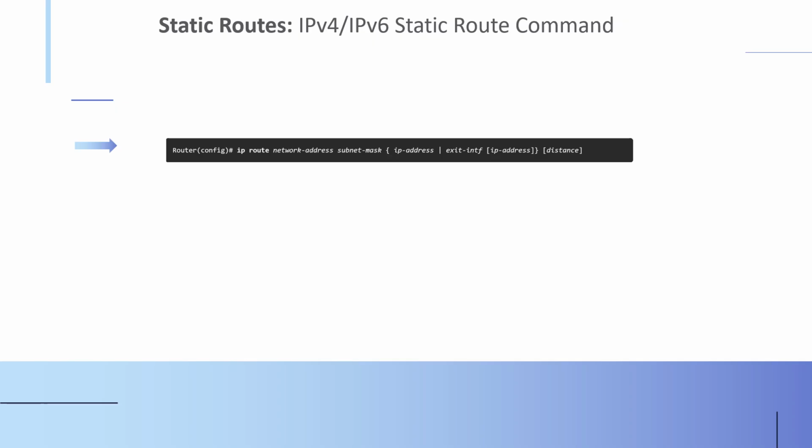It's followed by the network address, the subnet mask, and then it may be followed by the IP address of the next hop or the exit interface. So either the IP address, the exit interface, or both parameters can be configured, as we explained in the previous slide about the options of the next hop.